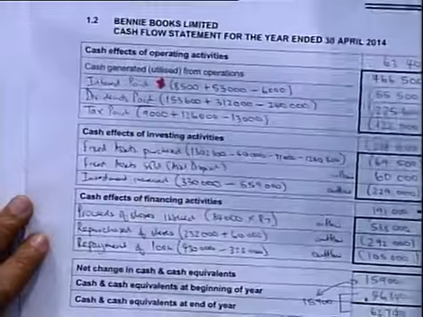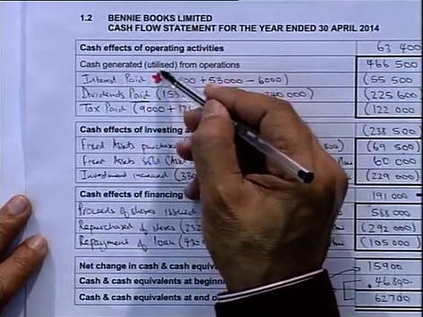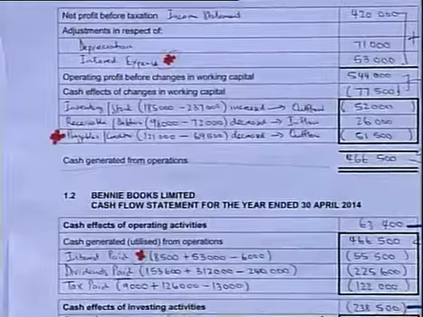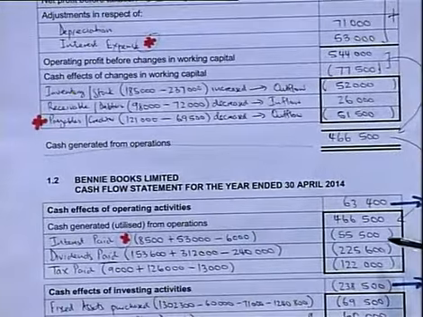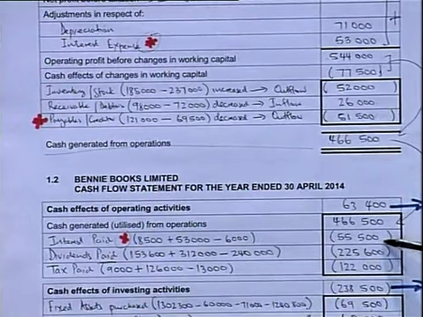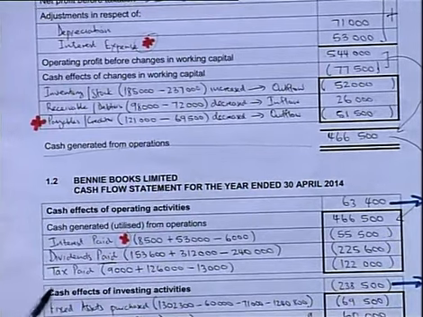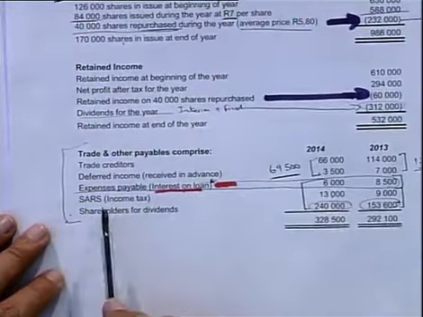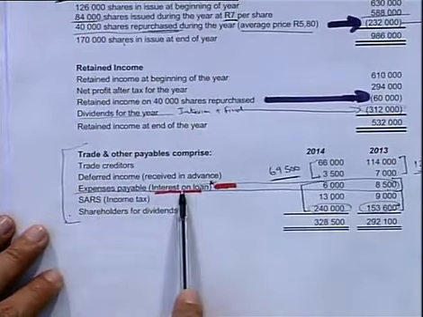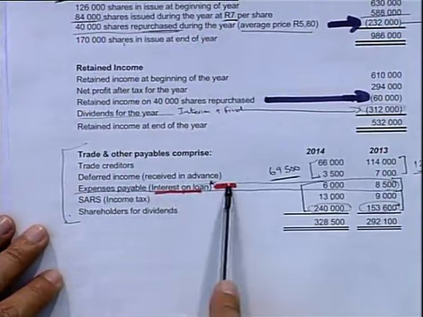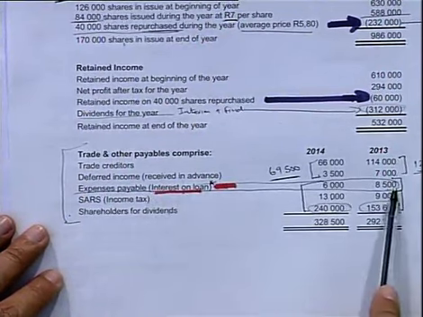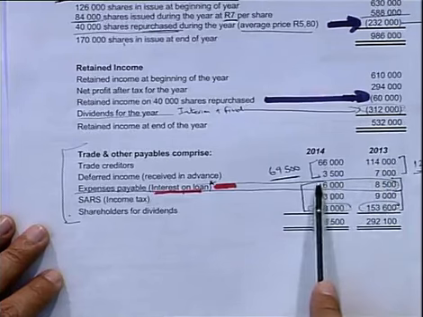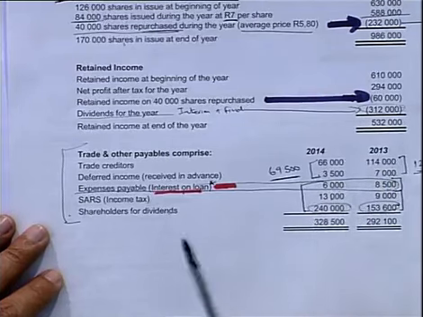Okay, just to recap quickly, the thing that was different in this cash flow was the item for interest expense and the item interest paid. In most exercises or in most past question papers, you'll find that those two figures were always the same. But what makes this one different is in your note for trade and other payables, they specifically indicated that for expenses payable, interest on loan, you haven't paid 8,500 of last year and you haven't paid 6,000 for this year.